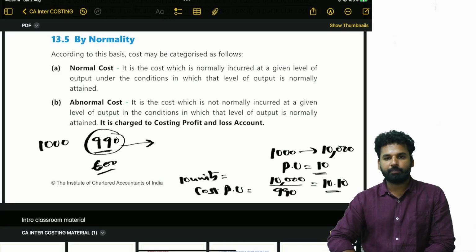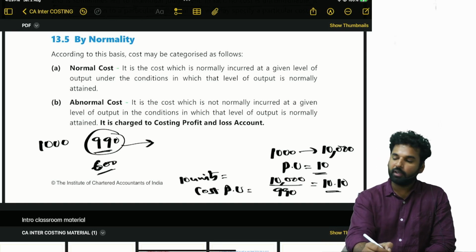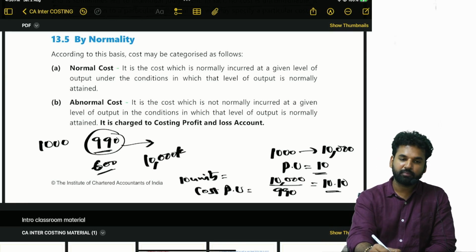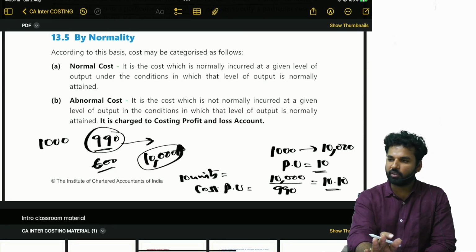So confiscation of goods happened. Confiscation means the police stopped the vehicle and detained it. So a penalty of 10,000 rupees was charged. So totally, what is the material cost now?